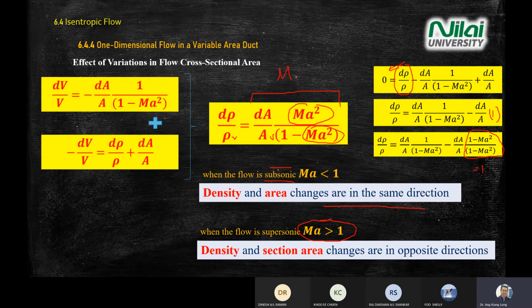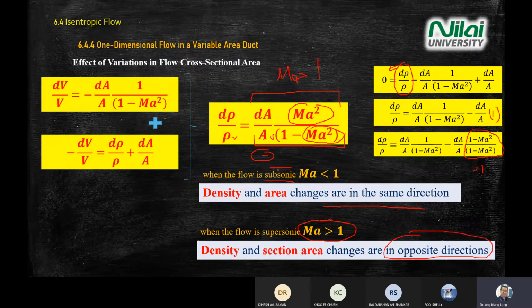If your Mach number is more than 1, now it's just mathematics. If you look at a Mach number value more than 1, 1 minus more than 1, you get a negative value, so the total component here is negative. Negative on the right hand side means the density and the area actually move opposite to each other.